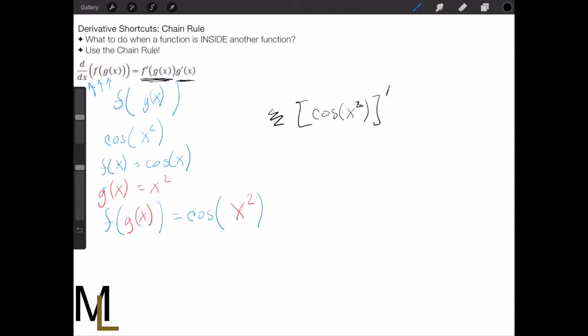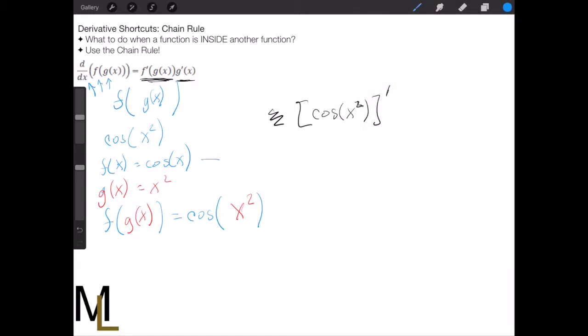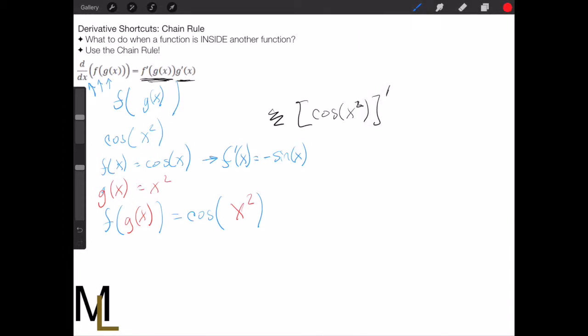So in this example of cosine of x squared, we already showed that f of x is cosine of x. So we take the derivative and we get f prime of x equals minus sine of x, and we know that by our trig rules that we went over earlier. And then our derivative of g of x, it's always good to do this, is 2x, just by the power rule.